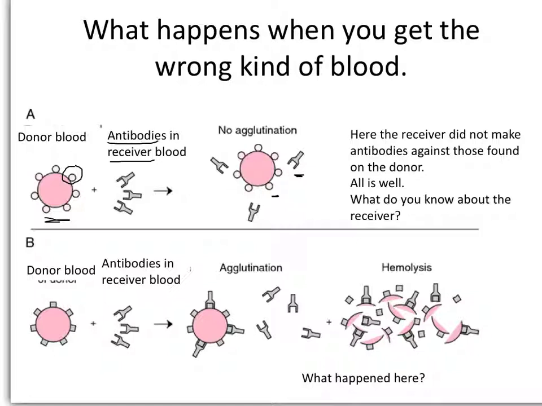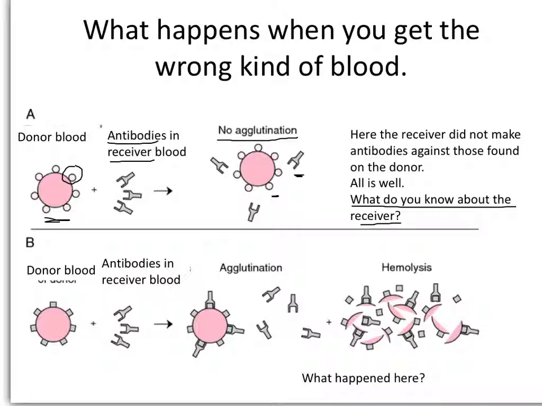So we say that no agglutination reaction has occurred. And that's a good thing because it means that the red blood cells are free to do the work that red blood cells are supposed to do, and the recipient or patient will be healthy, the blood transfusion will be successful. So what do we now know about the receiver?